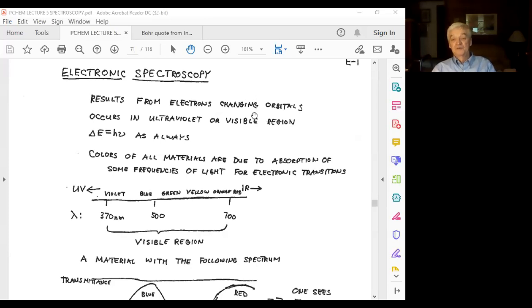I also like to point out, and maybe I'll tell you about this next week or so, we wouldn't have life if we didn't have electronic transitions. We couldn't have photosynthesis without electronic transitions. If we didn't have photosynthesis, we wouldn't have plants. If we didn't have plants, we wouldn't have animals, and we wouldn't be around either. So this is a very important aspect of life in general.